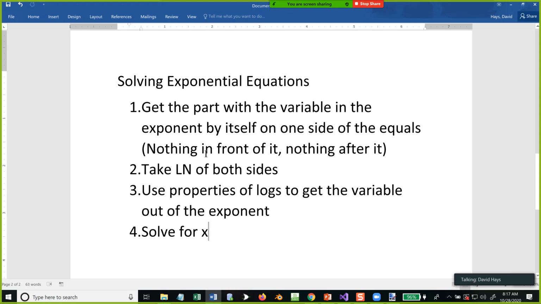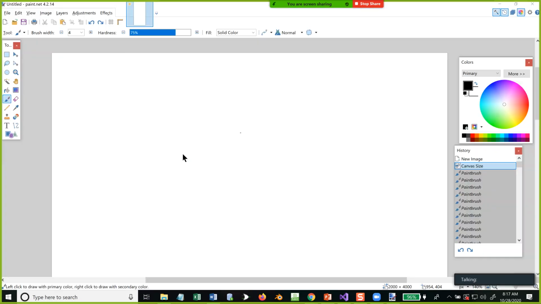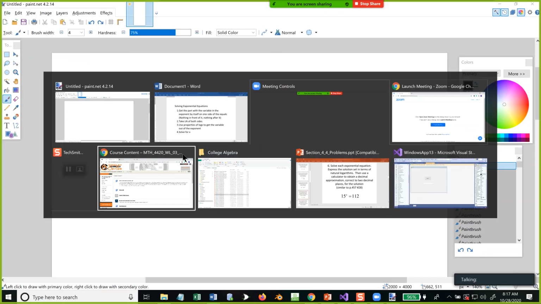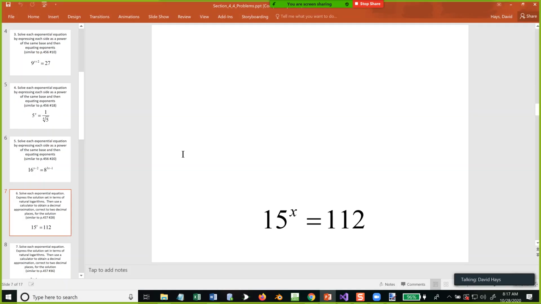Step two, take the ln of both sides, natural log. Step three, use properties of logs to get the variable out of the exponent. And then step four, solve for x. So let's look at this one right here.